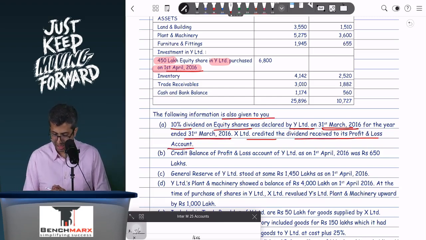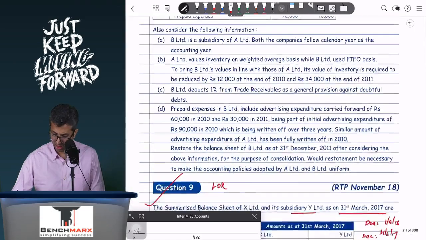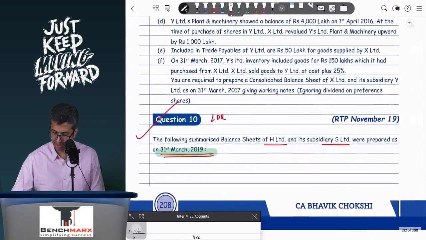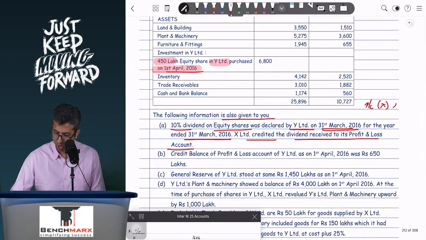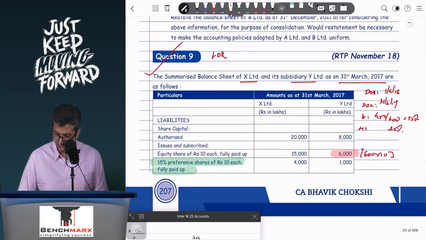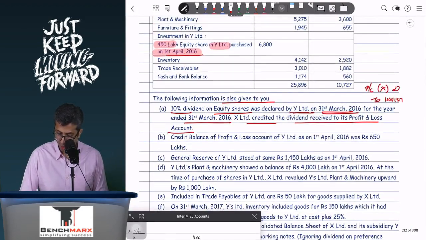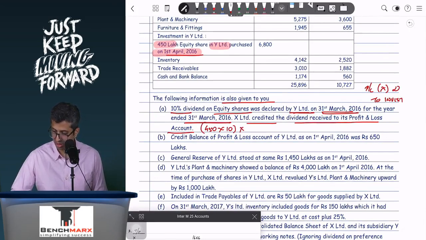So, over here, there will be a P&L of X account debit to the investment. You have wrongly credited to the P&L, but what is the dividend amount? It is 10%. Achha, how much dividend would I have received on 450 shares into rupees 10? That is 450 into 10 comes to 4,500 into, can I say 75%?